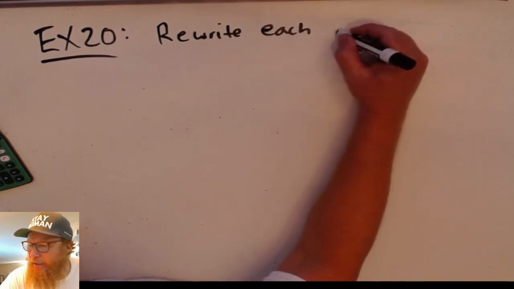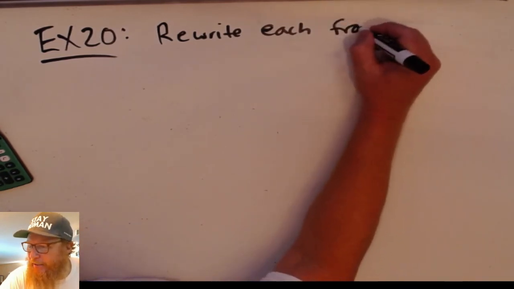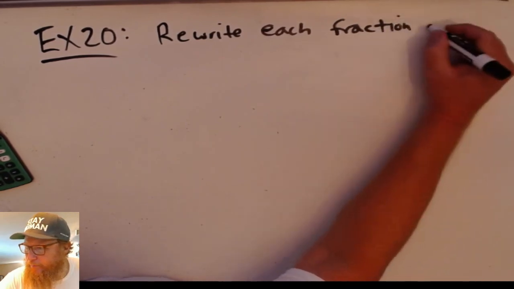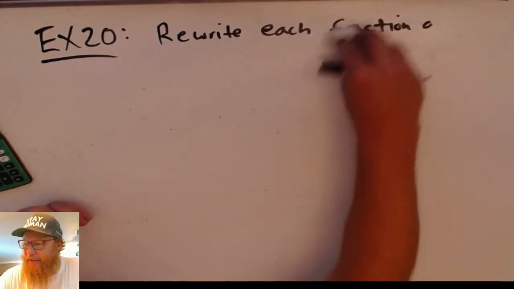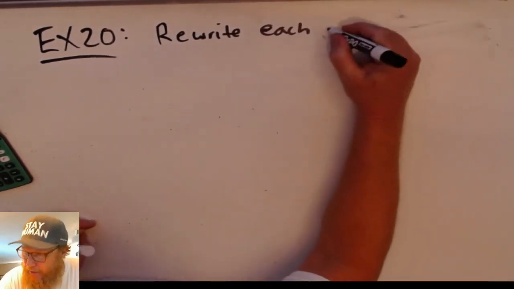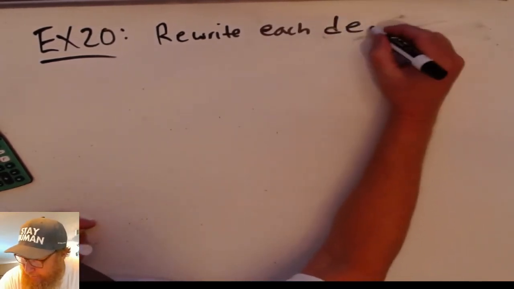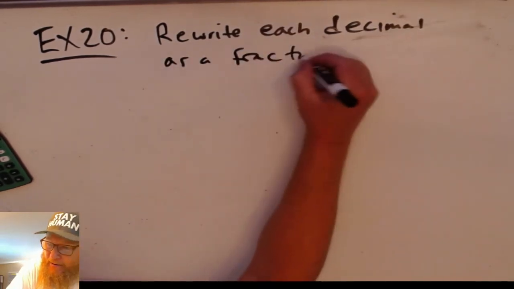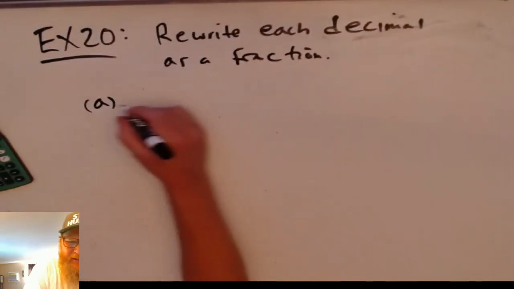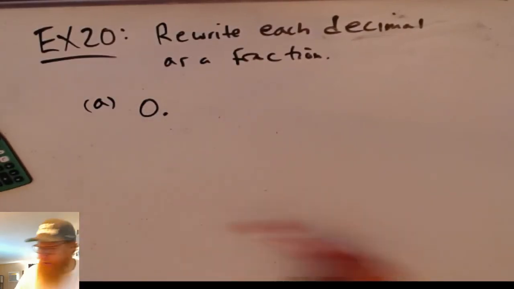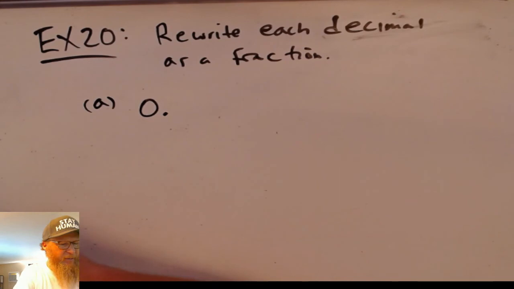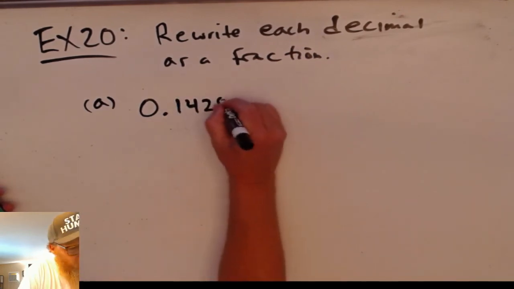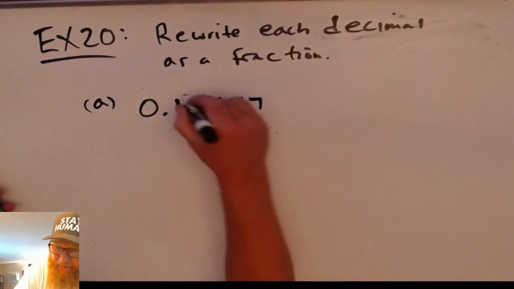Rewrite each fraction as a decimal. Actually, let me say it the other way around. Rewrite each repeating decimal as a fraction. I wish I could tell you that this one had some sort of magic to it, but it really doesn't. It's just you have to know it. So 1, 4, 2, 8, 5, 7.